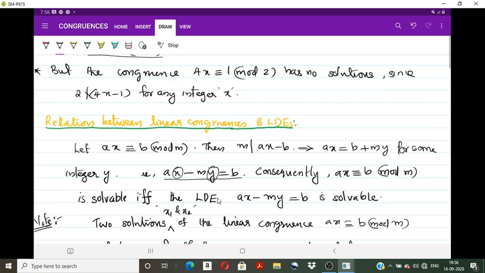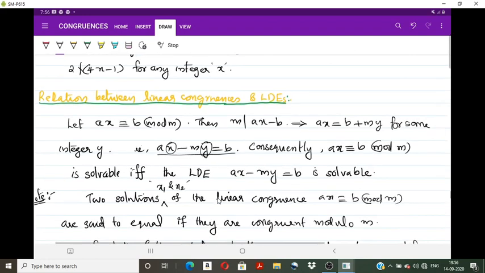That means the congruence and the linear Diophantine equation are equivalent. So in order to solve the linear congruence, it is enough to solve the linear Diophantine equation. We have a theorem about the solvability and the solution of Diophantine equations, and using that we can find the solvability of the linear congruence.